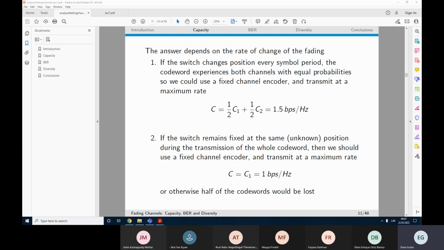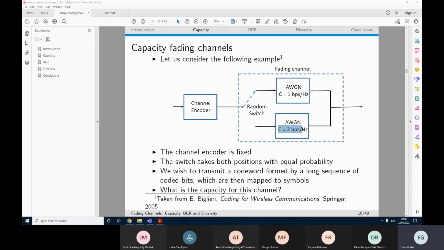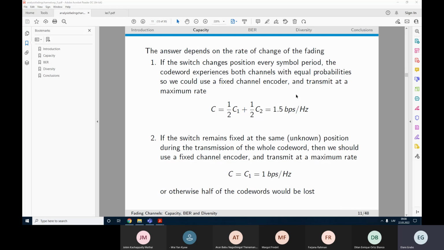So only part of the data goes through the first channel, and the second part goes through the second channel. And the thing is that we can put many more of these channels, and that's basically what the Rayleigh fading channel model is.